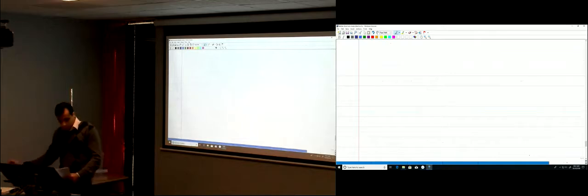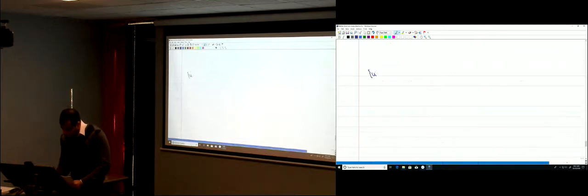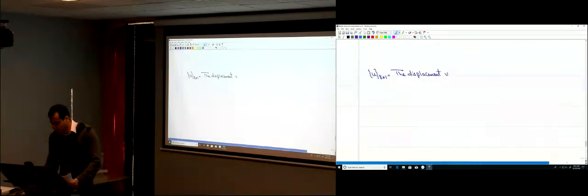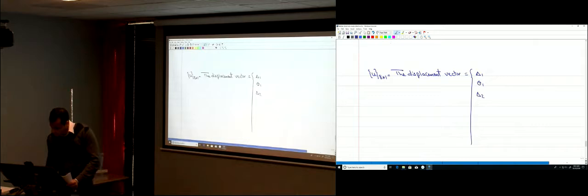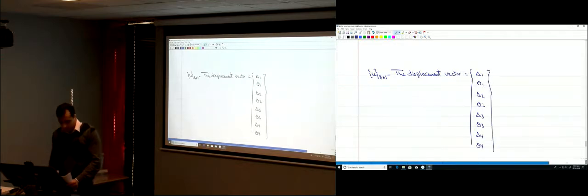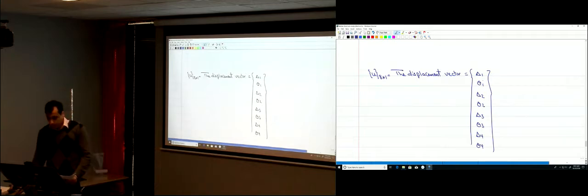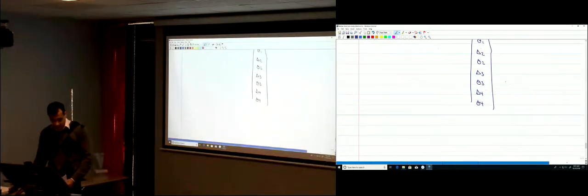And then for U, which is 8 by 1, this gives the displacement vector. It's a matrix, but a one-dimensional matrix, so it's a vector. It has 8 displacements: delta 1, theta 1, delta 2, theta 2, delta 3, theta 3, delta 4, theta 4. This is the displacements.